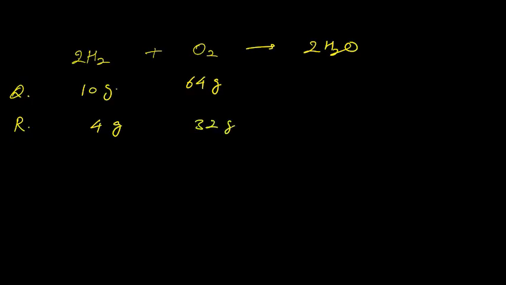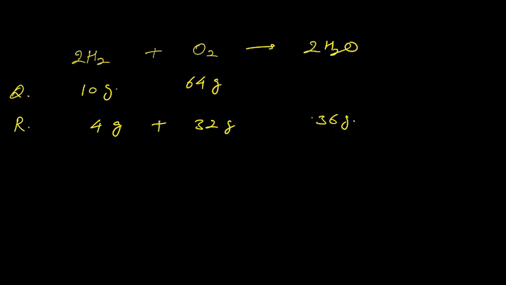So according to the reaction, calculate Q by R, 10 by 4. O2 is the limiting reagent. If O2 is the limiting reagent, according to the reaction, 2H2O means 2 into 18, that is 36 grams of water will be produced according to the balanced reaction. And 4 plus 32 is equal to 36. Law of conservation of mass. So it is correct.